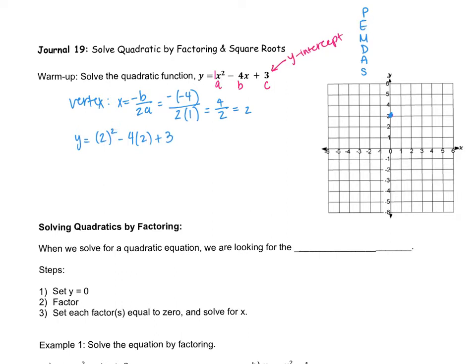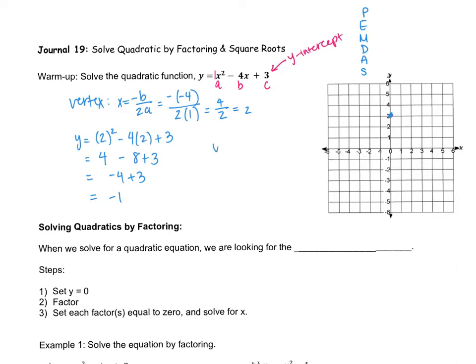Exponents are next, so I have to take care of this square. So 2 squared is 4. Then this here is just multiplication. 4 times 2 is 8 plus 3. All right, let's combine our numbers here. So we generally combine from left to right. So 4 minus 8 is -4, plus 3 is -1. So I get -1 as my y value.